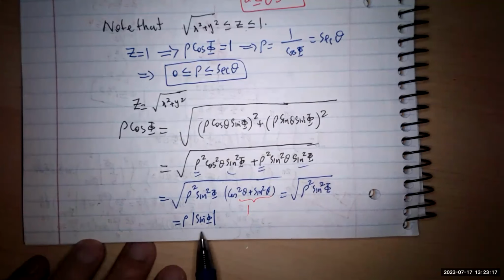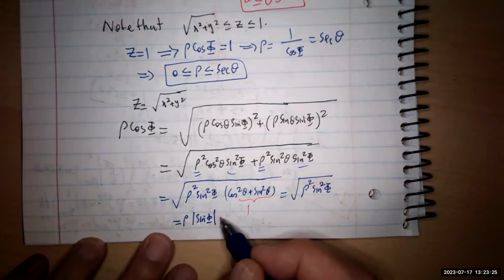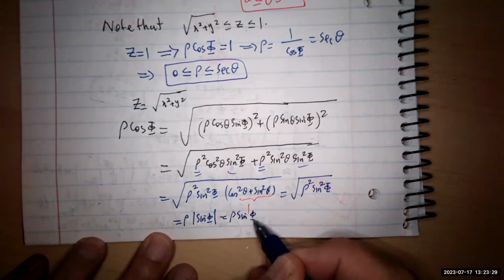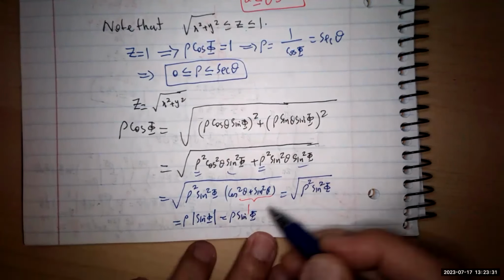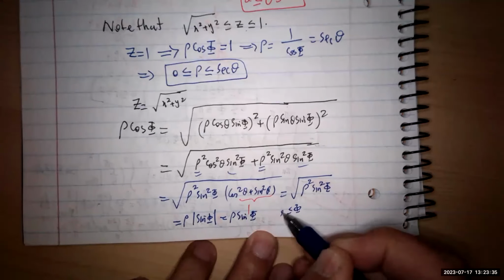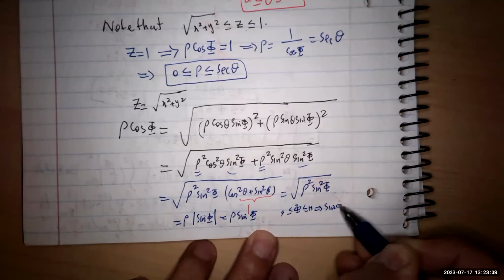Between 0 and pi means you are in the first and second quadrants. So in that case, this is a positive number, so this is going to be equal to rho sine of phi. It's important to know the reason: usually phi is between 0 and pi, so the sine of phi is always positive.